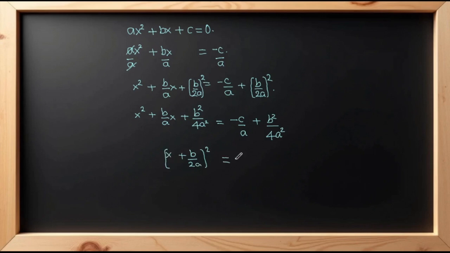Now we're going to simplify the right hand side by finding the LCM of a and 4a squared, which is 4a squared. 4a squared divided by a, we get 4a times negative c, so we get negative 4ac, plus 4a squared divided by 4a squared, we just get 1 times b squared.